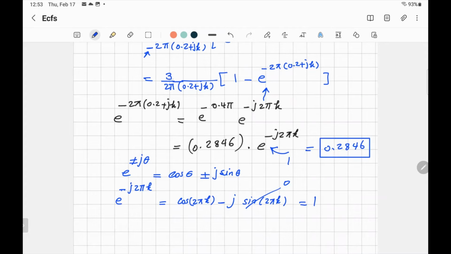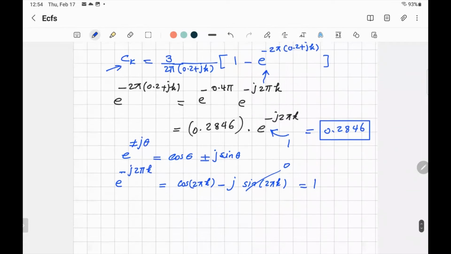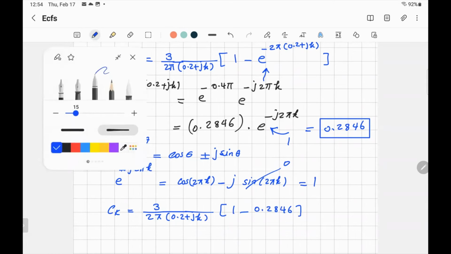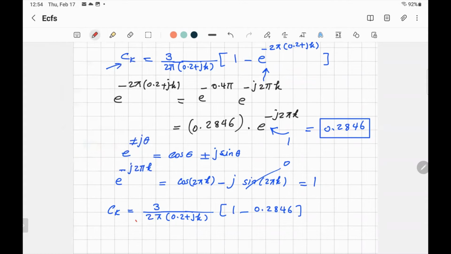So now I'm going back to the formula for ck to find its final value. Now it looks simple. In the beginning, it looks complex. Now it's equal to 3 over 2 pi times 0.2 plus jk, times 1 minus 0.2846. That can be simplified because all of this is just constant.